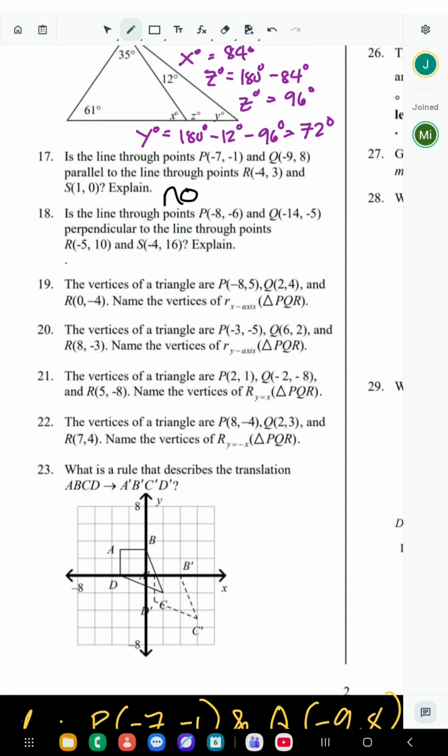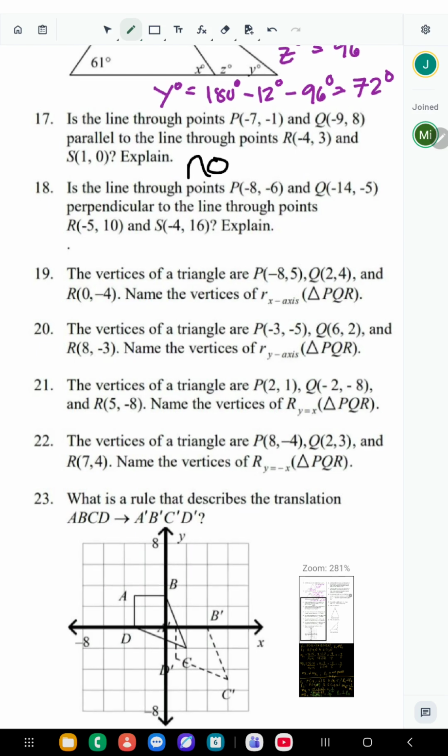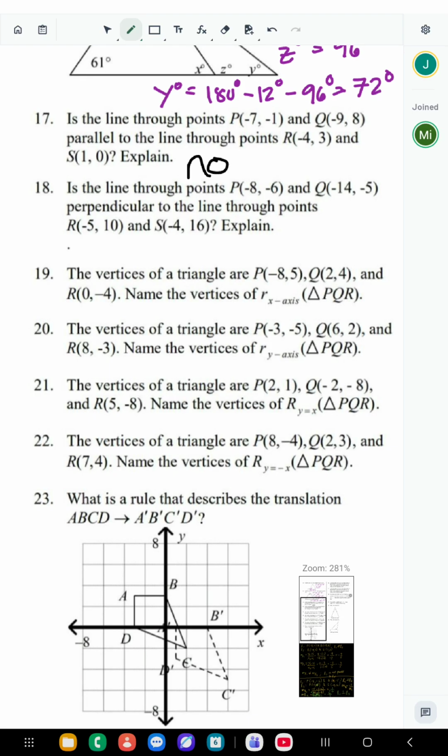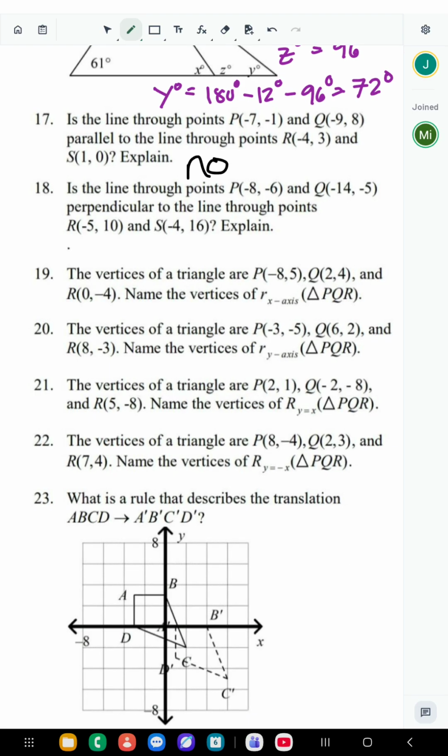And then for 19, the vertices of a triangle are P, Q, R, and name the vertices of R x-axis. This means that we reflect the triangle across the x-axis, right?